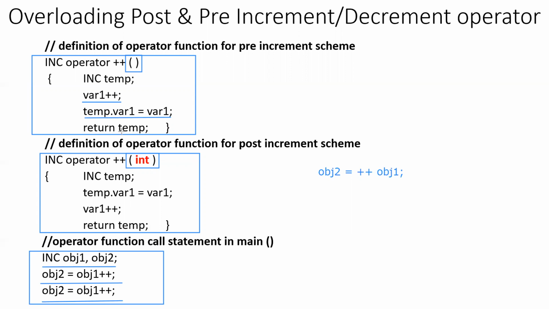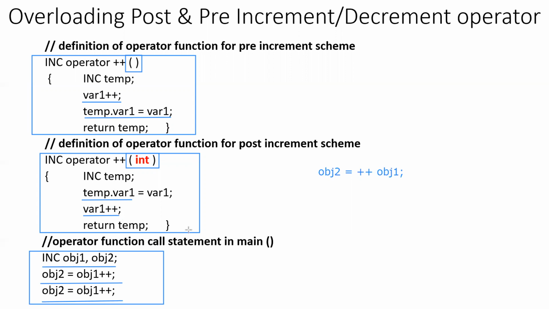But whereas you can see in the post increment, the increment is happening in the variable which belongs to the object called, but the assignment has been done to some temporary variable. So two variables have been used, so two objects have been used.